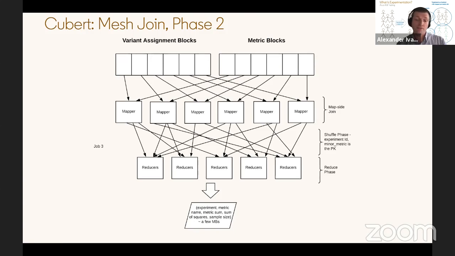Instead of shuffling the data and joining it on the reducer side, we would create mappers, and each mapper would load corresponding co-partitioned metric and variant assignment data, join most of the things in memory, produce very little output, and then have the reducers do the rest of the job to aggregate the smaller data.